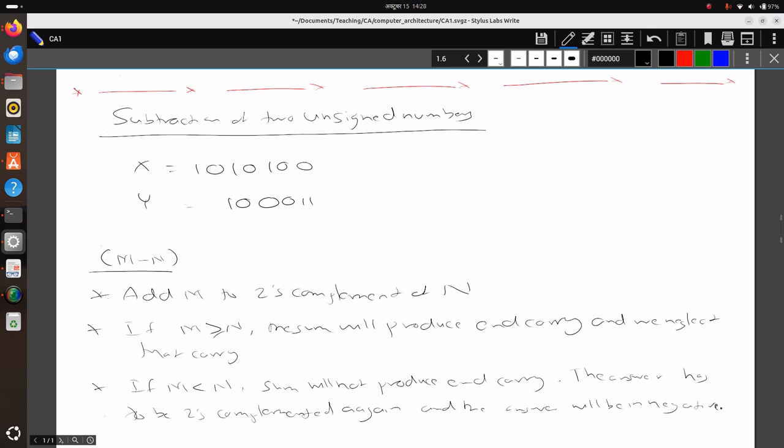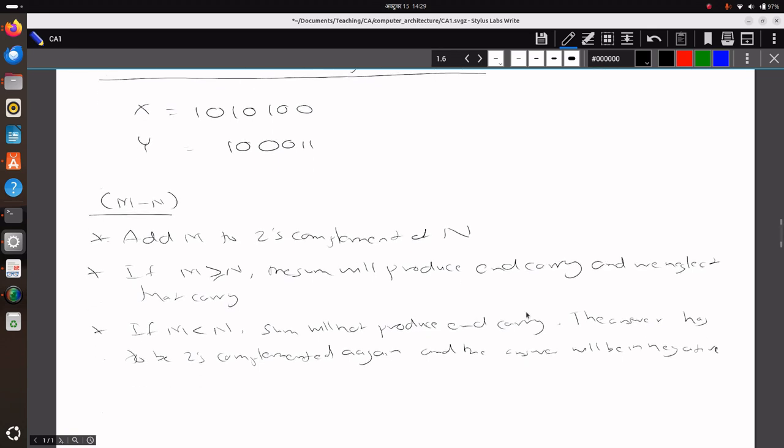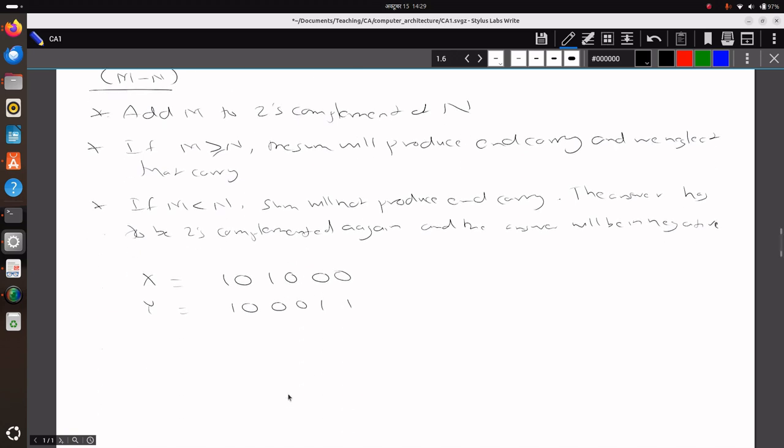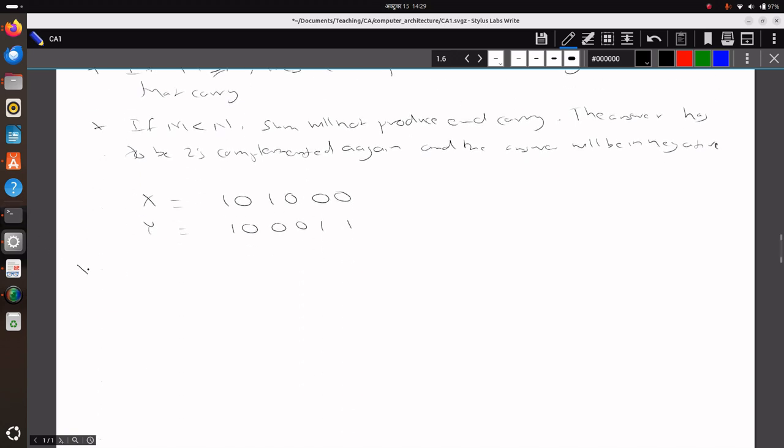So we already have our numbers. Let's do x minus y at first. So again, x equals 1 0 1 0 0 0 and y equals 1 0 0 0 1 1. Whenever we do x minus y, we first take the 2's complement of y.